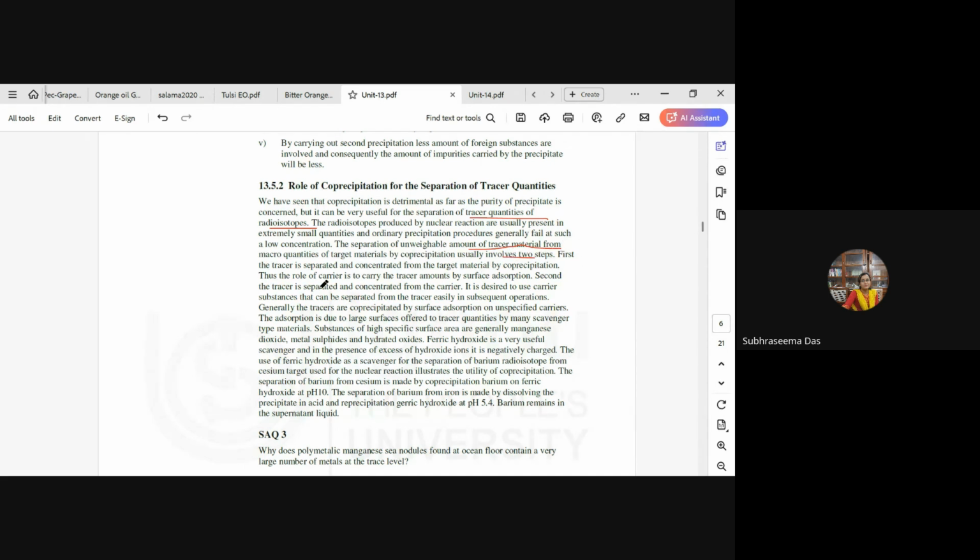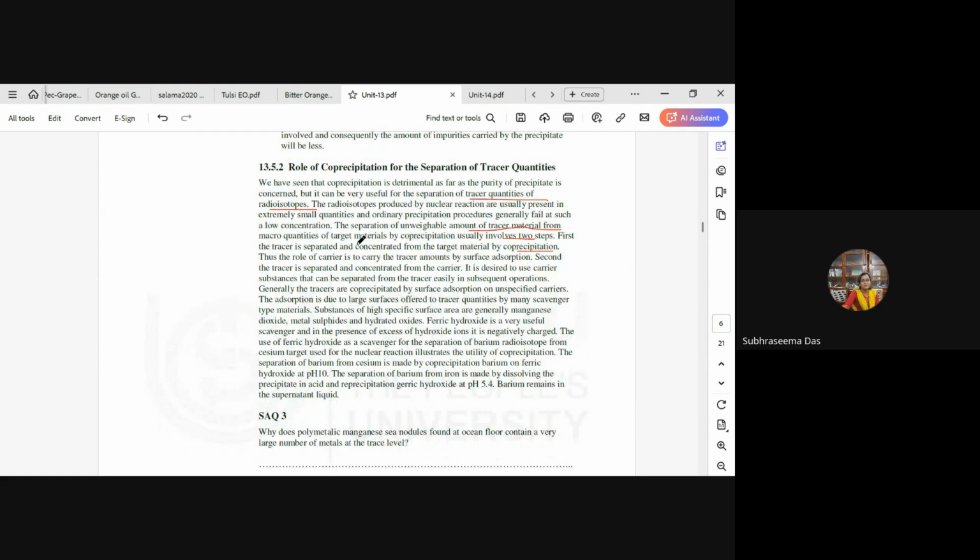First, the tracer is separated and concentrated from the target material by co-precipitation. The role of the carrier here is to carry the tracer amounts by surface adsorption. Secondly, the tracer is separated and concentrated from the carrier material. So it is desirable to use carrier substances that can be separated from the tracer element easily in the following operations.